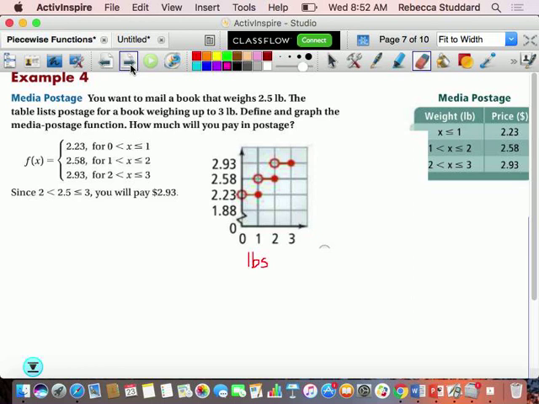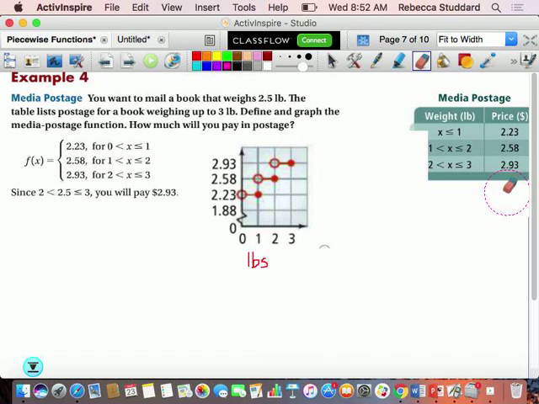We're looking at postage, and if the weight is less than or equal to 1 pound, then you pay $2.23. If the weight is more than 1 pound but less than or equal to 2 pounds, you pay $2.58. If it's more than 2 pounds but less than or equal to 3 pounds, you pay $2.93.